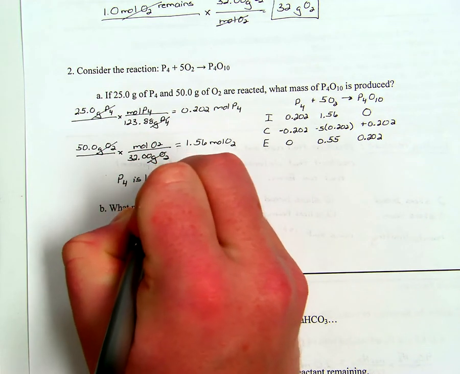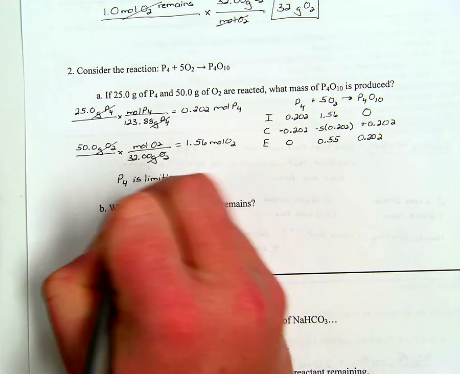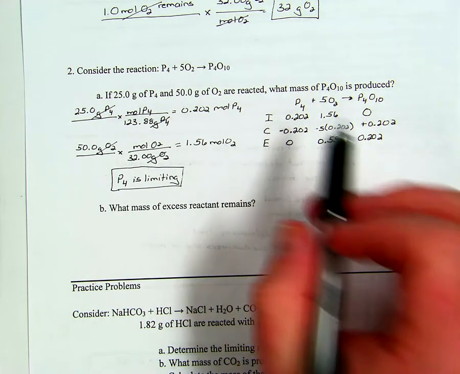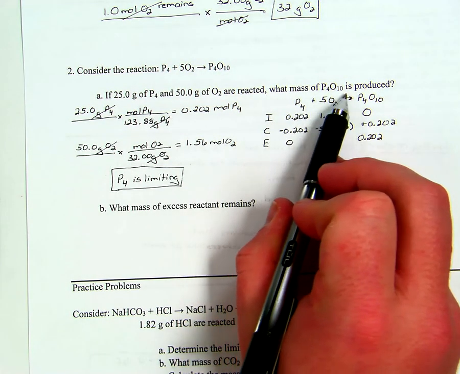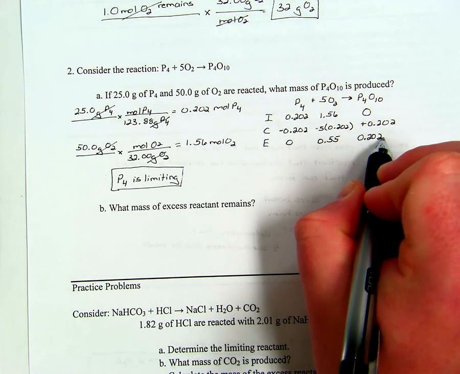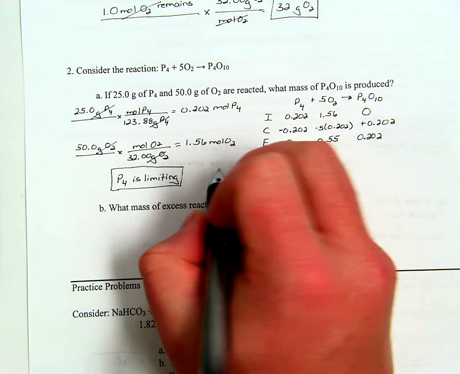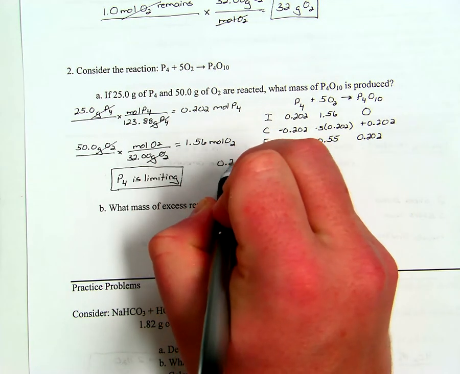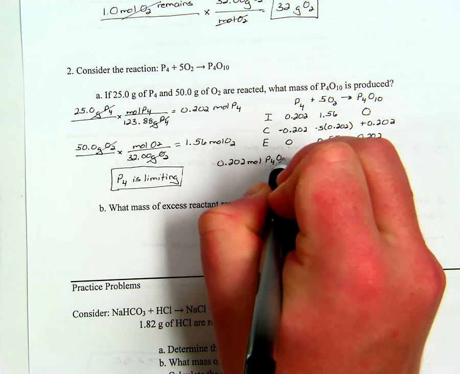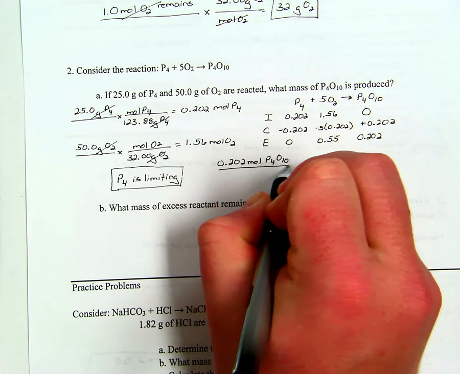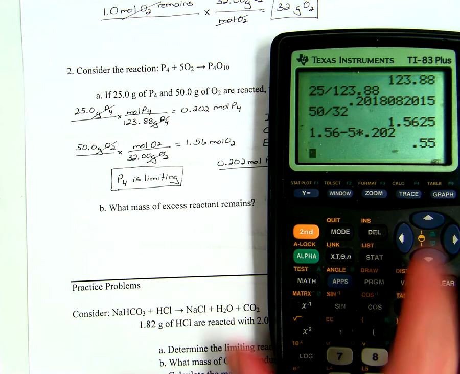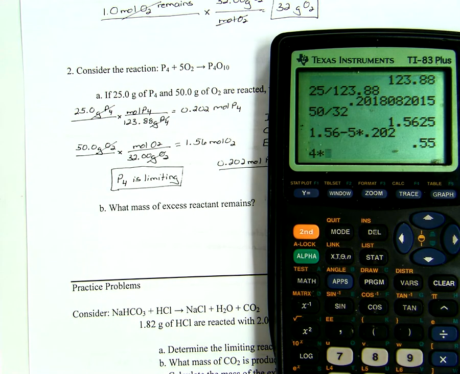Okay, and then to actually answer the question, what mass of P4O10 is produced? Well, I know we're going to get 0.202 moles produced. Now I just need to convert that into grams. So I'm going to need a molar mass. So 4 times 30.97 plus 10 times 16.